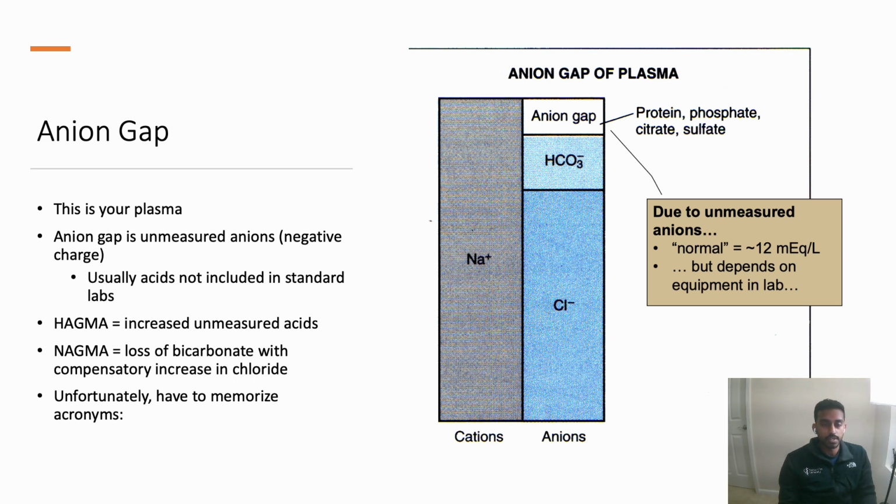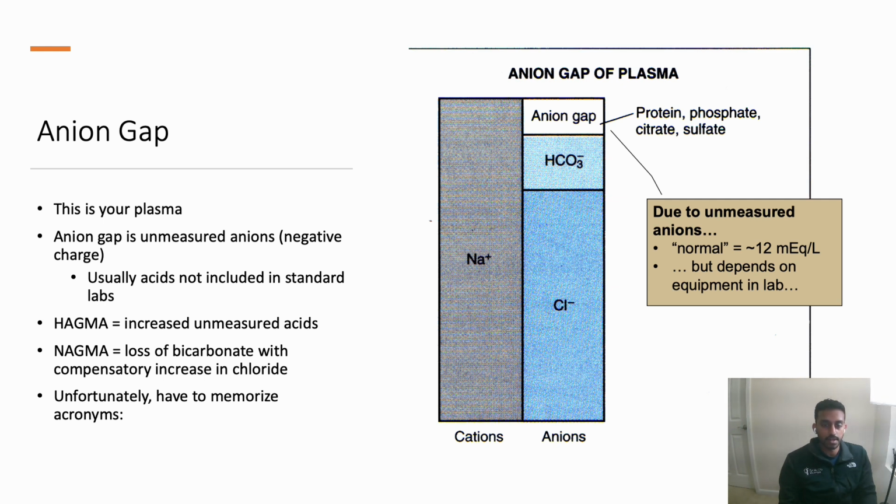So what is anion gap? This is a diagram, a picture of your plasma. First of all, you have cations and you have anions. The cations are the positively charged ions, which is usually sodium, and then you have negatively charged ions, which are the anions.